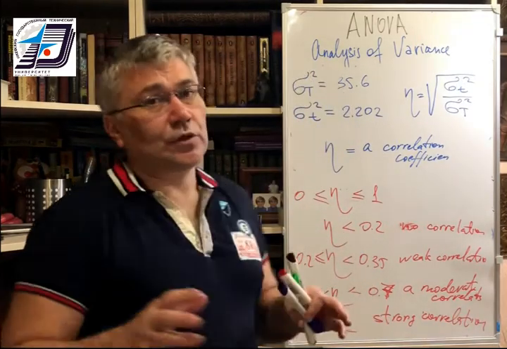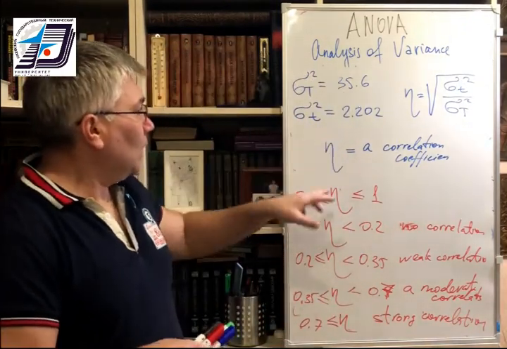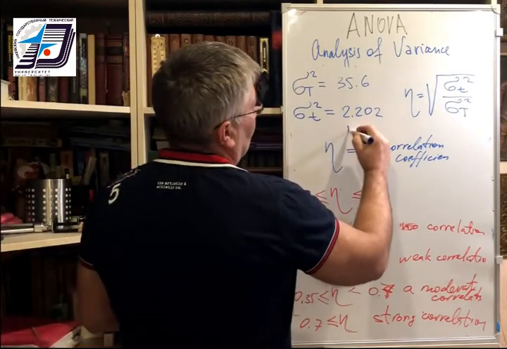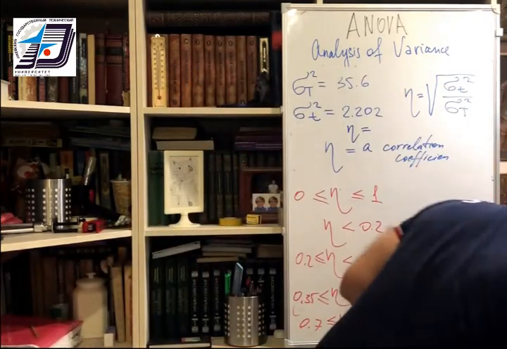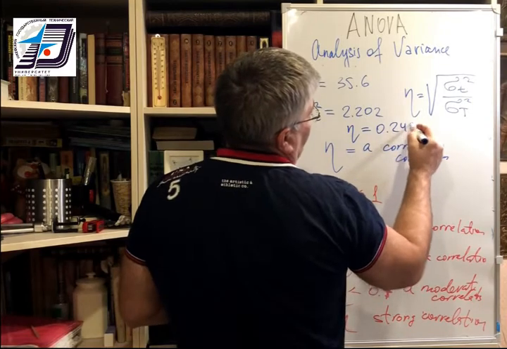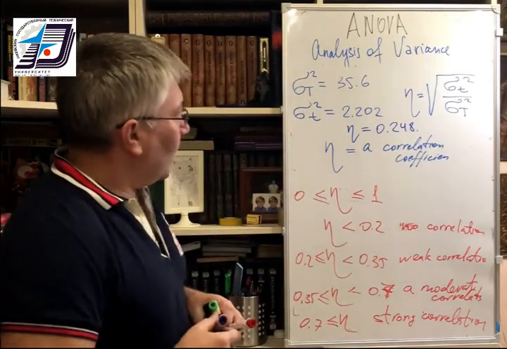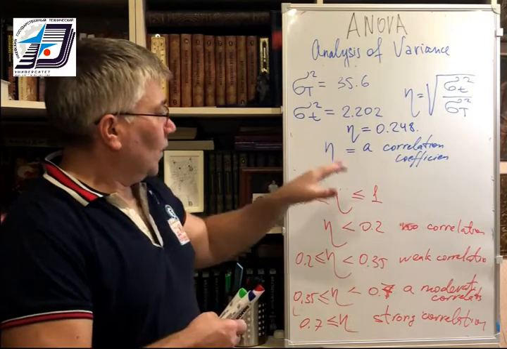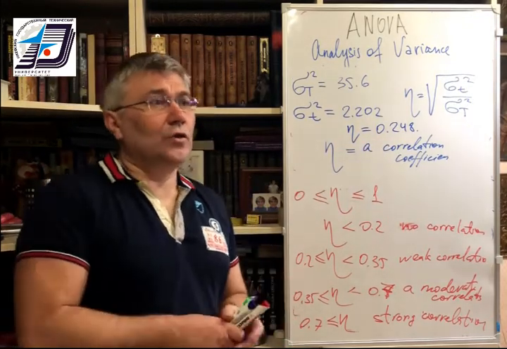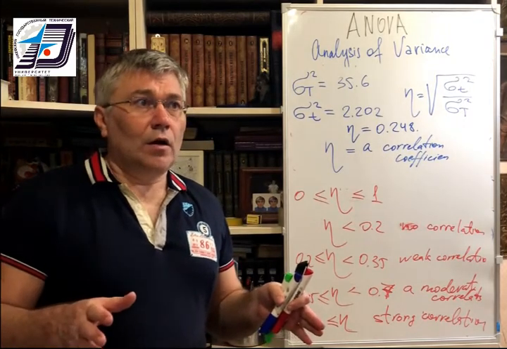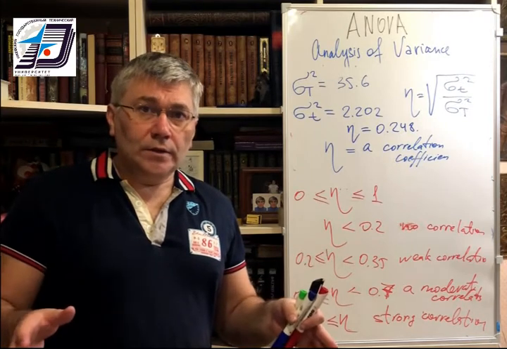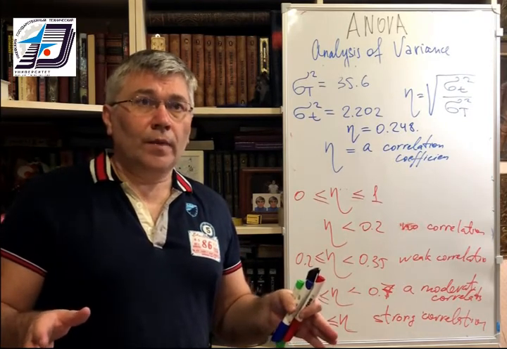For our particular situation, we got eta equal to 0.248. It means that the grades of students don't depend strongly on teaching.